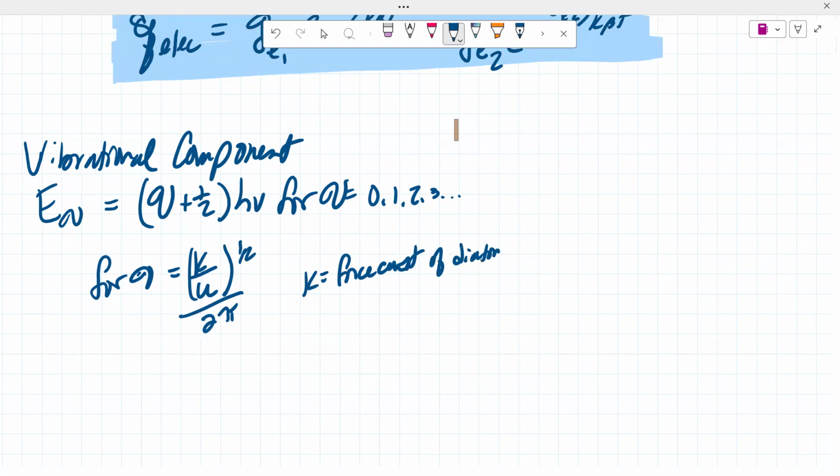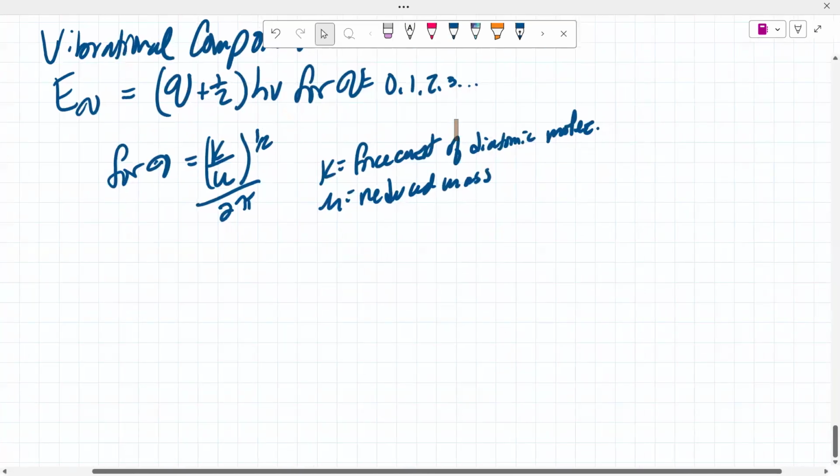Diatomic. mu is the reduced mass. That means when you have two bodies connected by a spring, you can average the mass together, and that's the reduced mass.